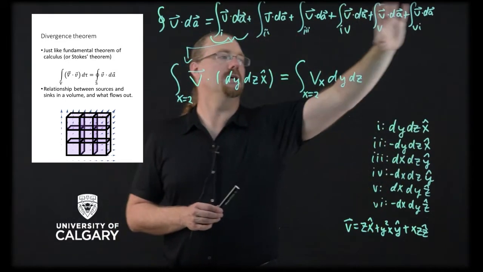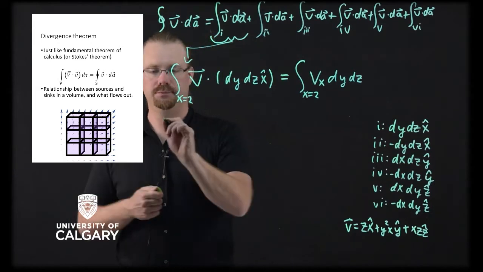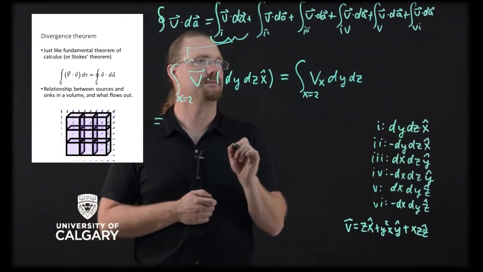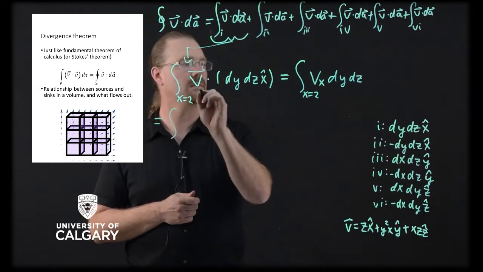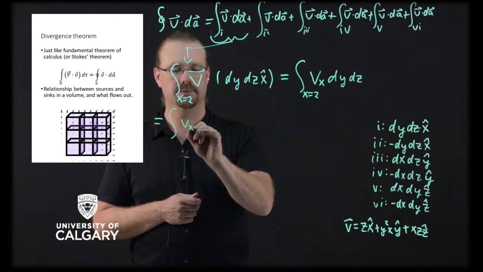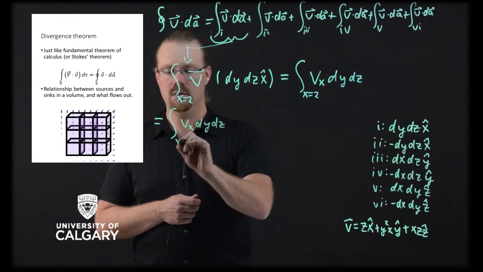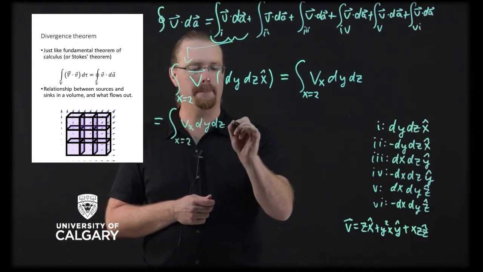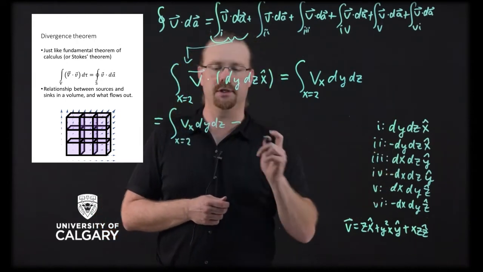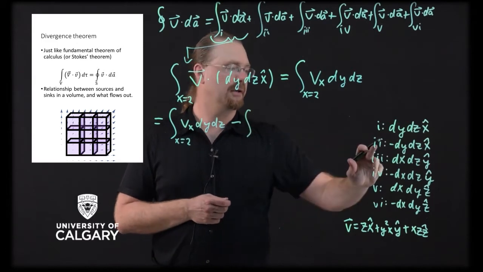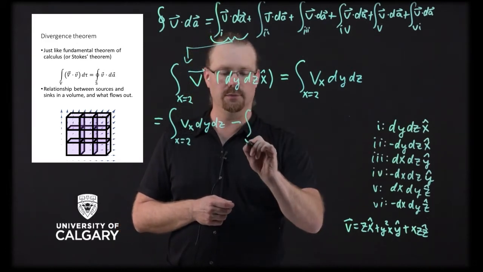So all of this will wind up being equal to vx dy dz, where x equals 2, minus, note the minus sign right here, and surface 2 is where x equals 0.